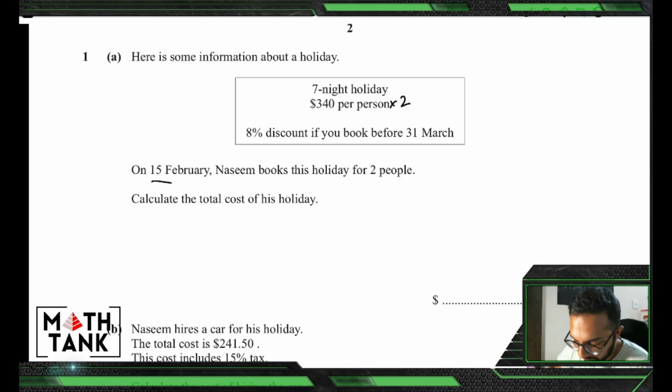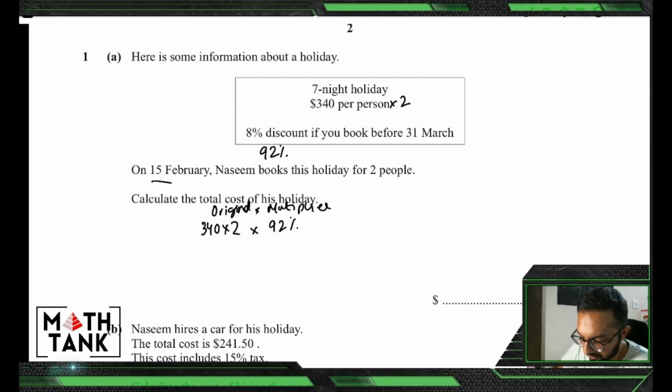Okay, so then for 2. And he books it on 15 Feb, so he gets a discount. So a discount works in the same way that an increase worked. So I'm going to say that the multiplier is 92%. Okay, so what was the original value? The original value was 340 into 2, but he got a discount. He got 92%, so that's original and multiplier. And I'm trying to find the final.